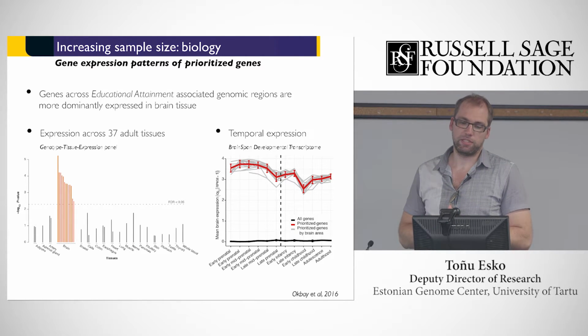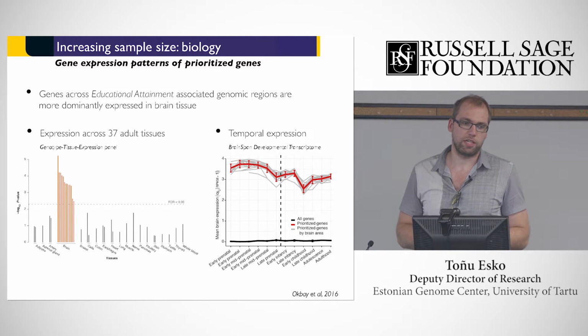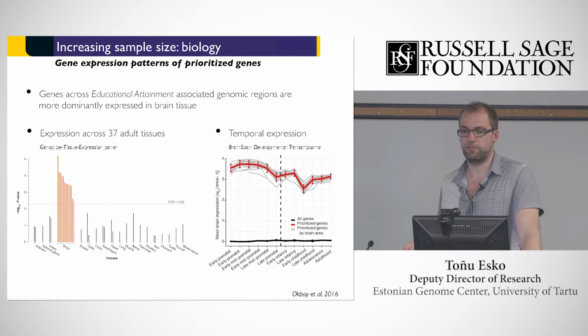We did check if any of our educational attainment SNPs also affected gene expression in brain directly. We identified around 20 genes, but not that many, because having blood tissue is very simple, but having brain tissue is rather complicated, and there are not very big numbers.